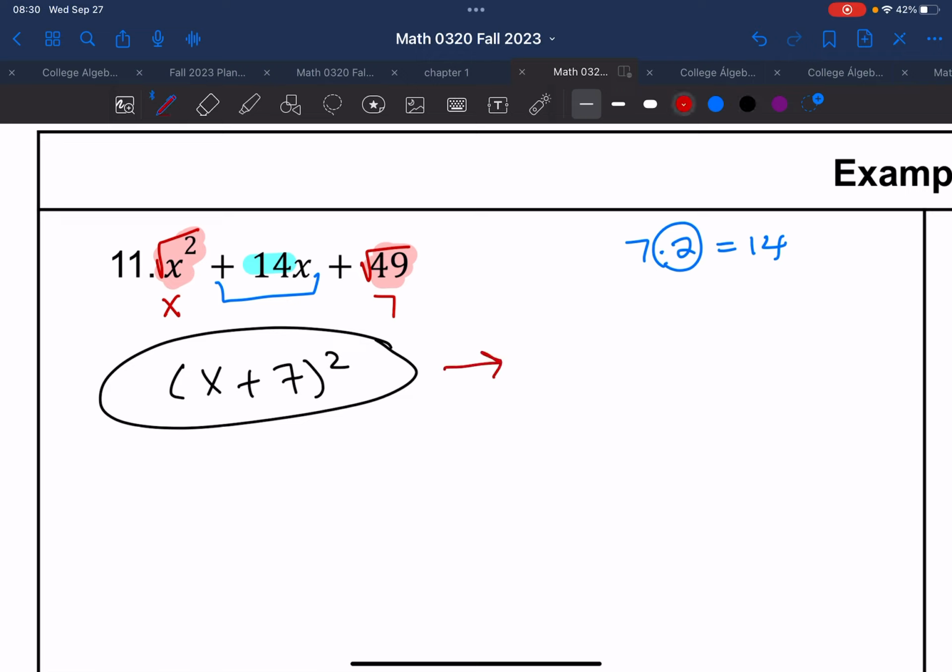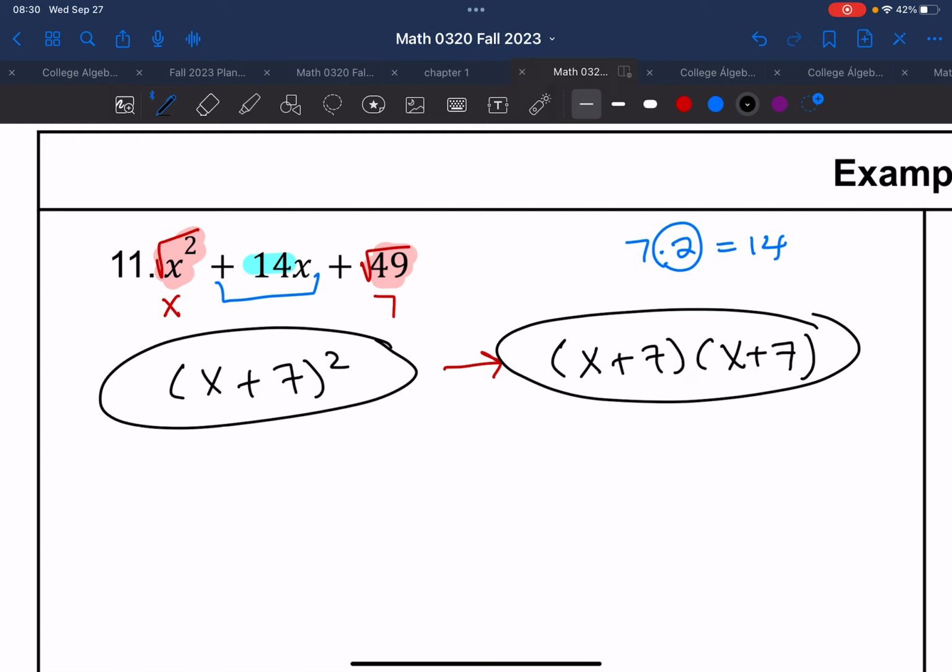What does that squared tell us? Good. We could write x plus 7 and x plus 7. That's the same thing. If you write either answer, that's exactly the same, because x plus 7 squared is telling us that we have x plus 7 two times.